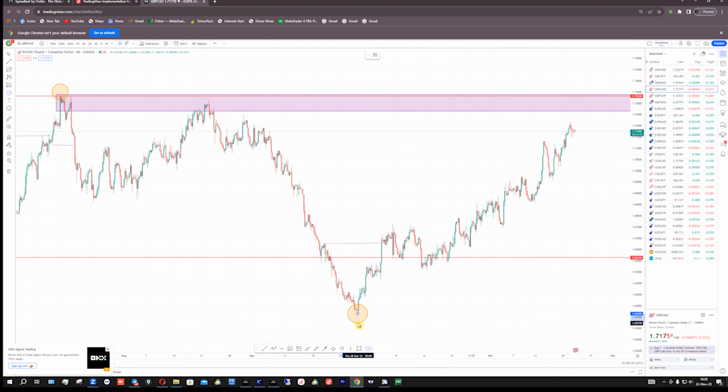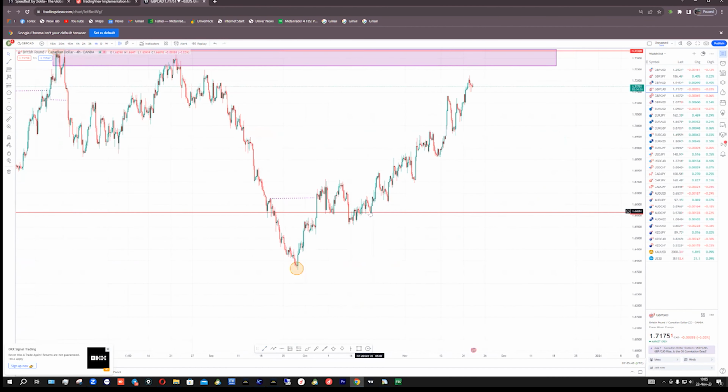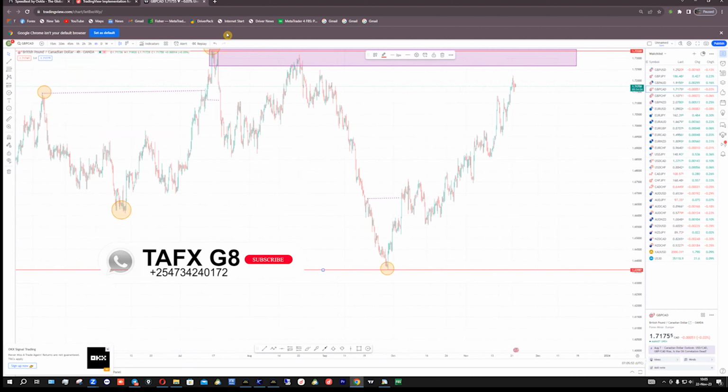So again, you can see, what are we waiting for? Now, at this point, we'll be waiting for the market to break this area again so that we can get our lower high. Because don't forget, we have a change of character here.